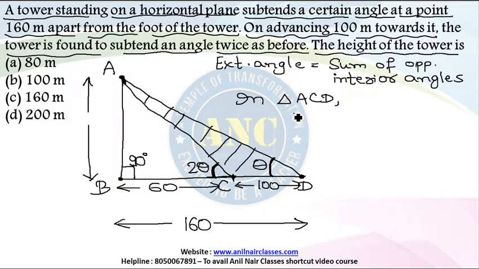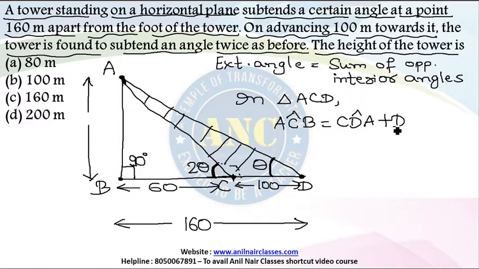Let me name it for your better understanding. The 2 theta is ACB. The exterior angle is angle ACB, the sum of the opposite interior angles. That means ignore this angle C. The other two angles add up. One angle is CDA, plus the other angle is DAC.